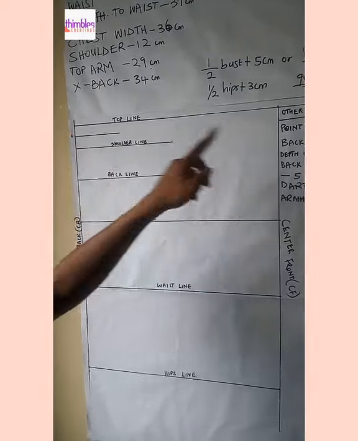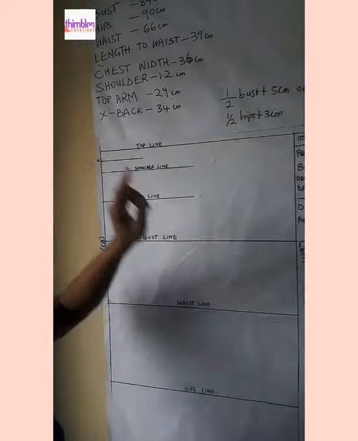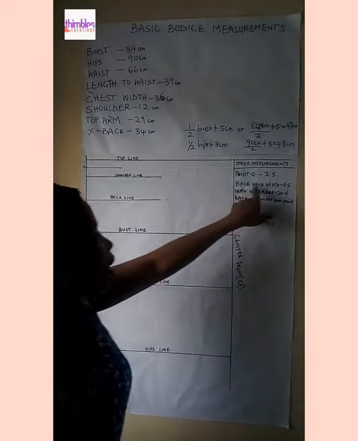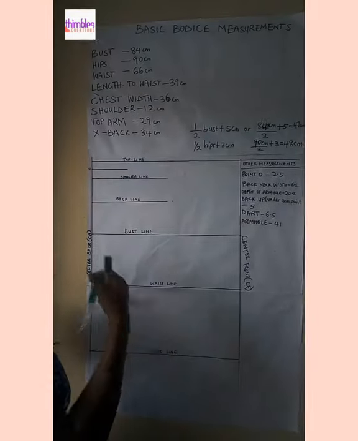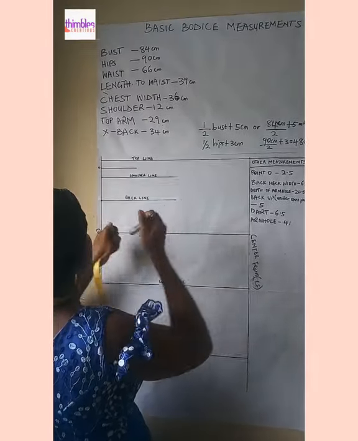Now on the neckline, measure the value of the back neck width. What is our back neck width? Here it is 6.5. So I'm going to take it 6.5 centimeters. Okay, so this is it here.